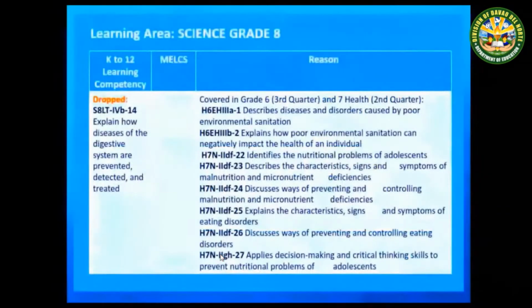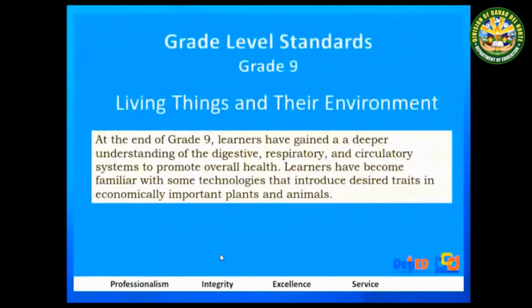In grade 8, only one LC was dropped since it was covered in grade 6, third quarter, and grade 7 health, second quarter. This slide shows the grade 9 level standards for living things in their environment.